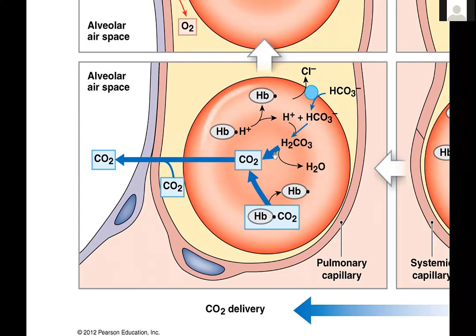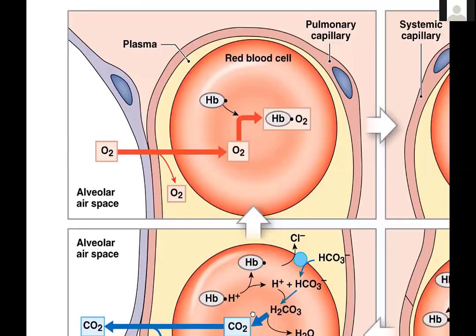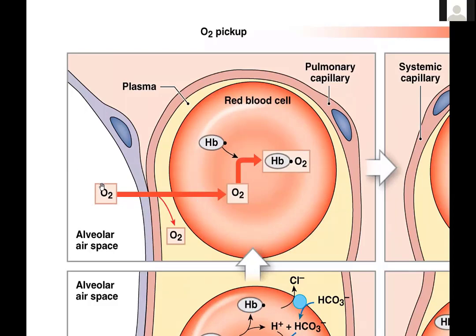Now we have soluble CO2 building up at the red blood cell and able to diffuse freely into the alveolar air. So if I go up here, we can see that the partial pressure of alveolar air, which remember is 100 millimeters of mercury, is a lot higher than in here, where it's about 40. So there's a 60 millimeter of mercury difference. That's a lot. So that's going to drive oxygen just by diffusion into the cell.